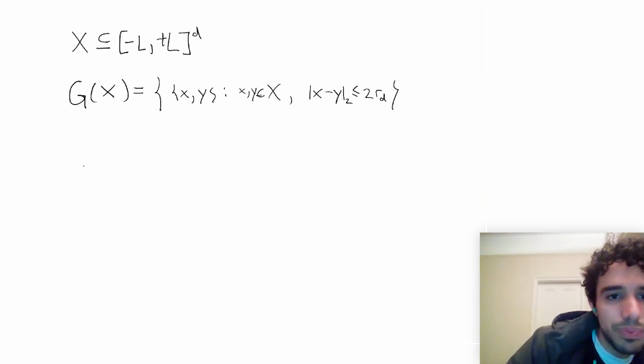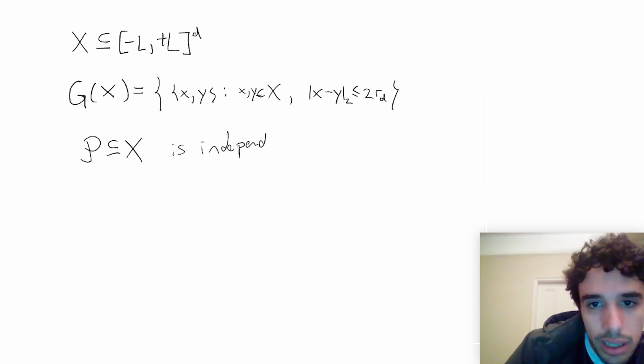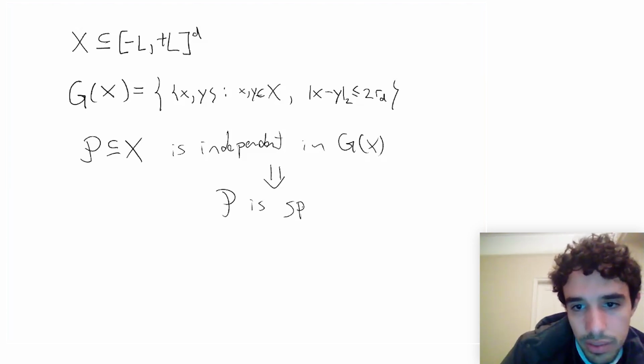So if P containing X is independent in G_X, it implies P is a sphere packing.